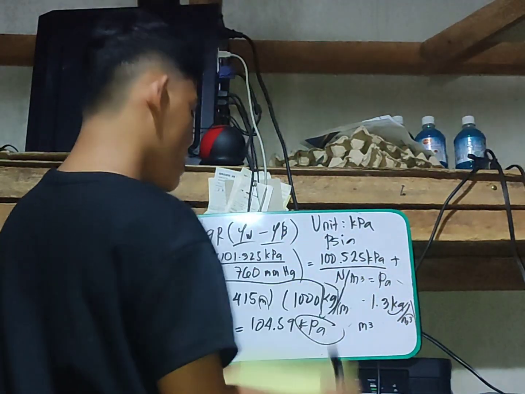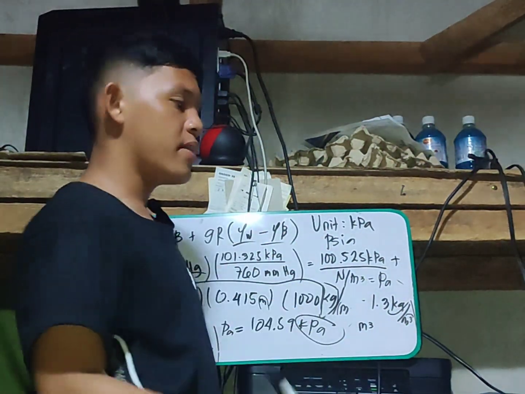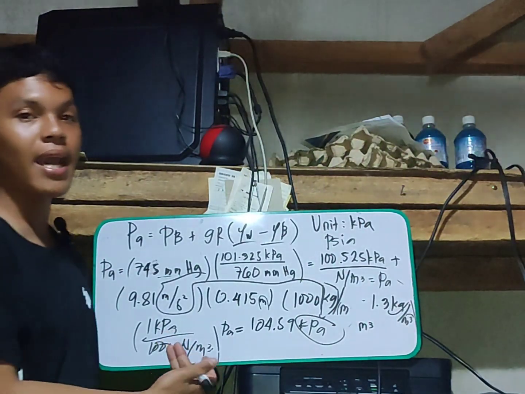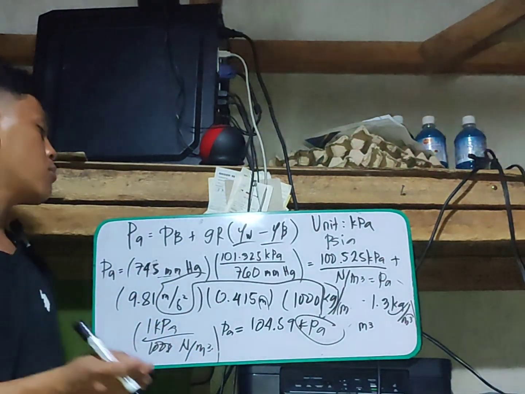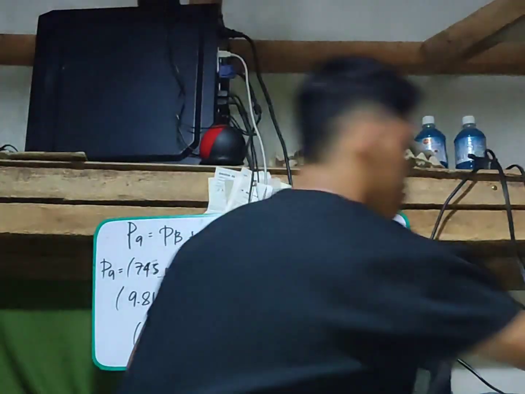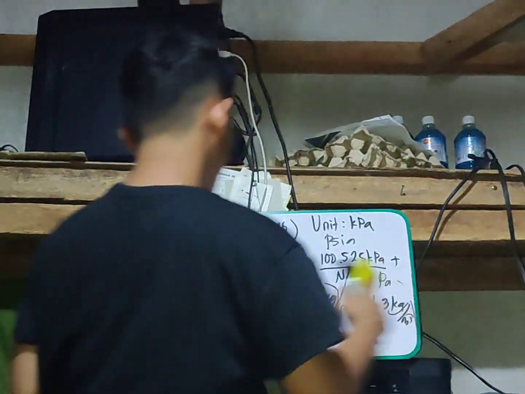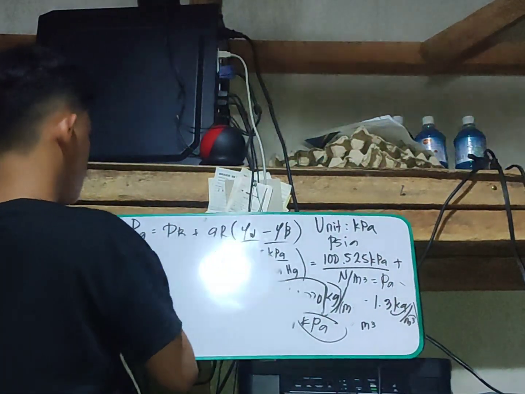Okay. Para makuha natin yan, kailangan natin siya i-convert. So, puno na yung word natin na maliit, kaya i-erase na muna natin. Screenshot nyo or i-post nyo yan para mas makuha nyo. Okay?